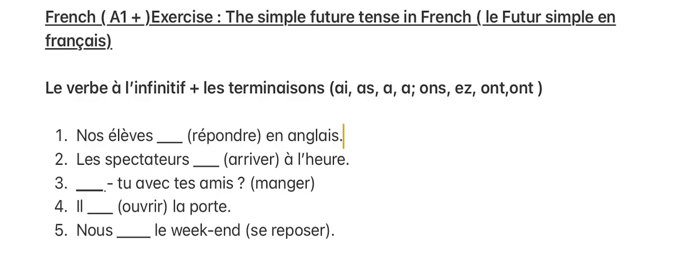That is, our students will answer in English. Now, to make the simple future tense, we use the formula, that is, we take the verb in the infinitive form, that is, we take the verb as it is. In this case, it is the verb répondre.